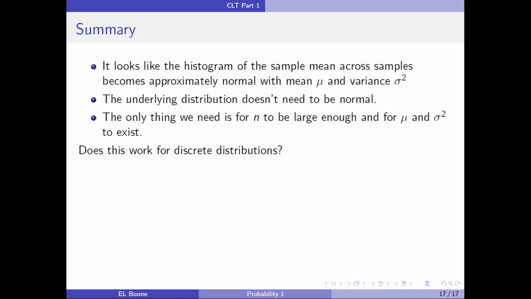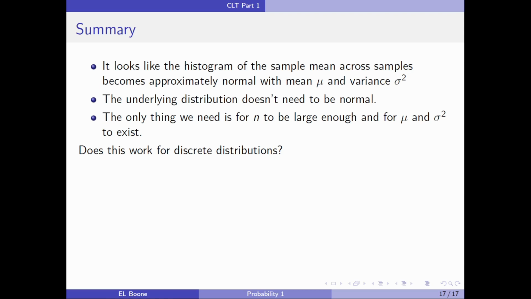It looks like the histogram of the sample mean across the samples becomes approximately normal, right? The bell shape did reasonably well, with the mean mu and variance sigma squared, which are the underlying population parameters. The underlying distribution didn't need to be normal, because we used uniform. We knew it wasn't normal. The only thing we need is for n to be large enough and for mu and sigma squared to exist.